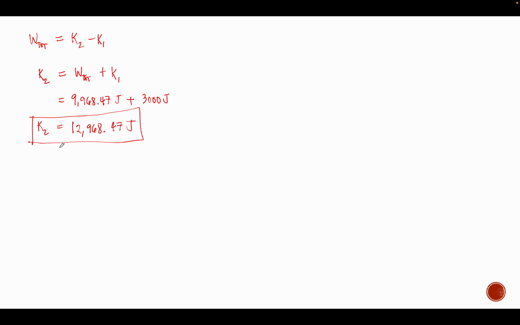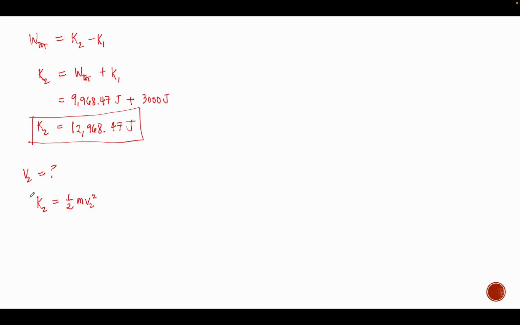But again, we are asked to solve for V2, or our final speed. So to solve for the final speed, the last step, we have K sub 2 is equal to 1/2 times m times V2 squared.